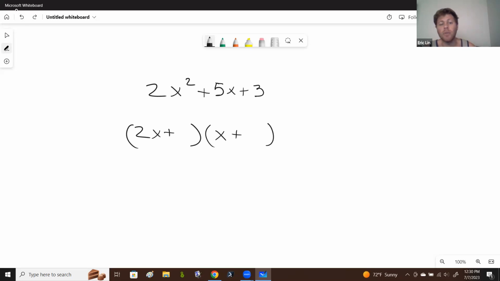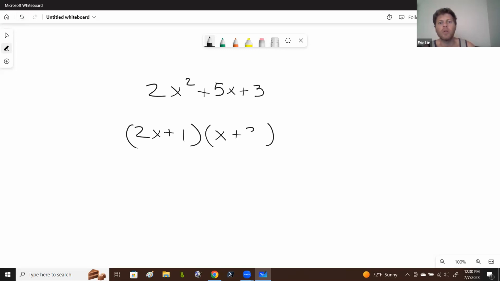So I know that they're 3 and 1. I don't know what order they're in. I know I need to have one of them as +3 and one of them +1. So maybe it's like this. Maybe it is the exact opposite and it has to be like this. I'm not too sure, so let's just pick one.